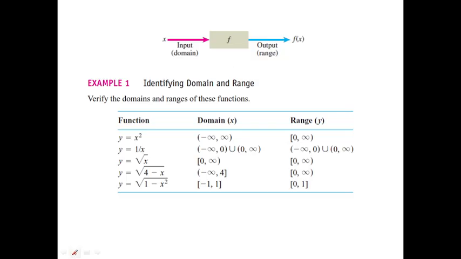So what is domain? Let us define the domain. Let this be f. F is a function, a machine, and the input value to the machine, denoted by x, is known as the domain, while the function will give you some output.